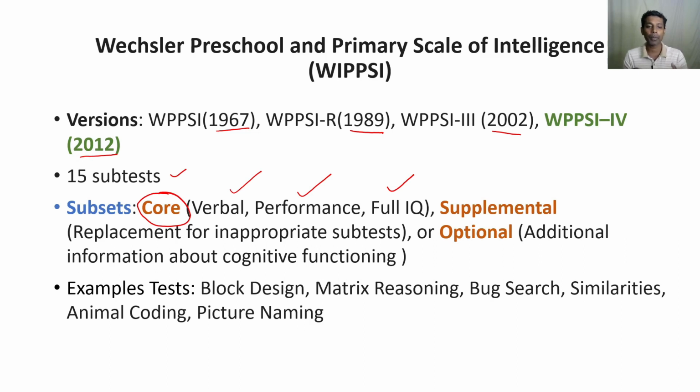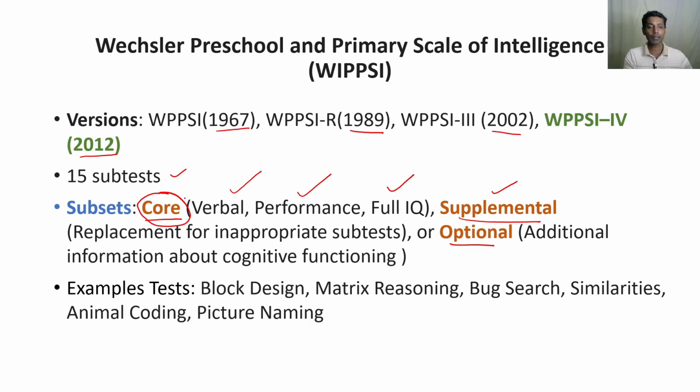Some tests may not be appropriate for the participant based on the participant's characteristics, so in that case we need to replace some of the core subtests with these supplemental ones. Then we have optional subtests, which are not replacements but give you extra information about the cognitive functioning of the participant. So these are the three types of subtests he proposed: core, supplemental, and optional.